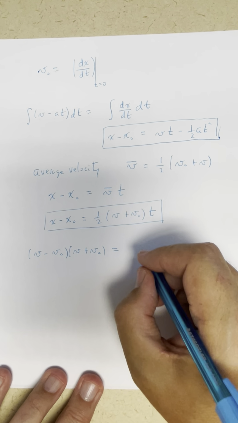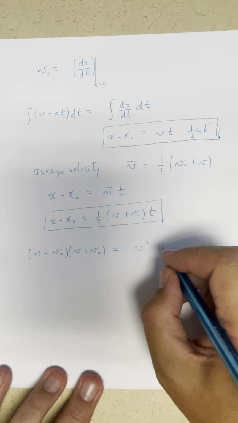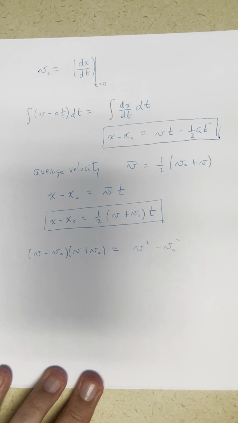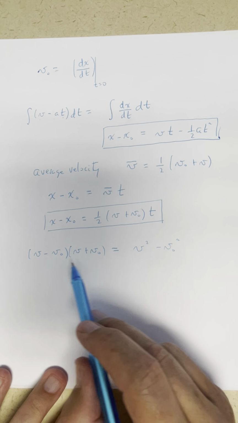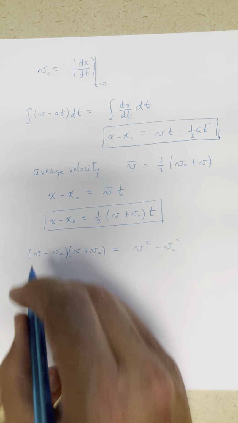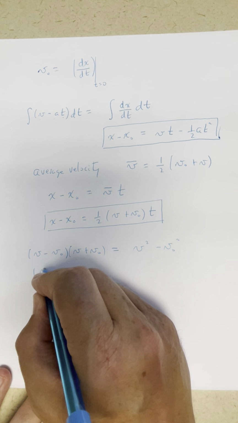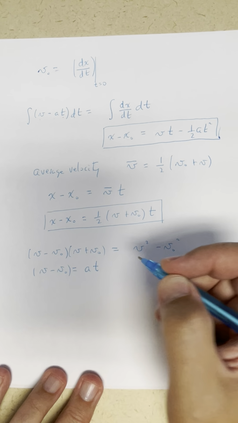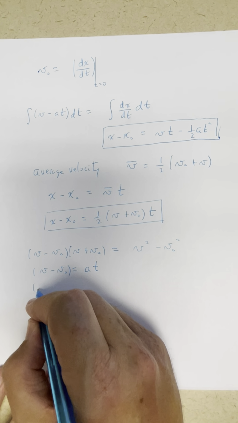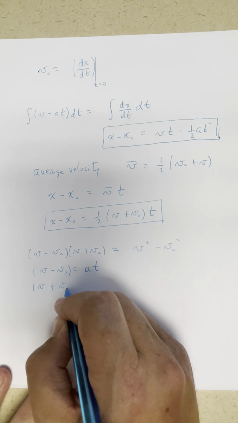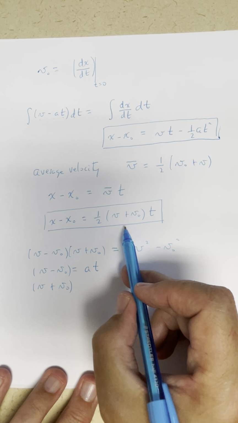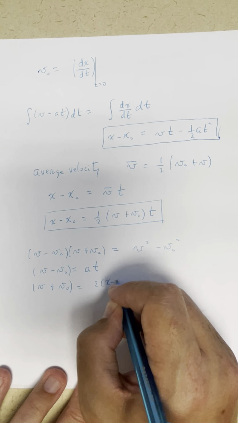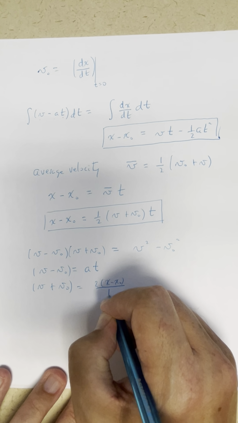And you do your cross multiplication, you realize that that is final squared minus initial squared. And we have expressions for each of these that we've worked out already up to this point. Final minus initial velocity is the acceleration times time, and final plus initial velocity, we just worked out, is twice the displacement over time.